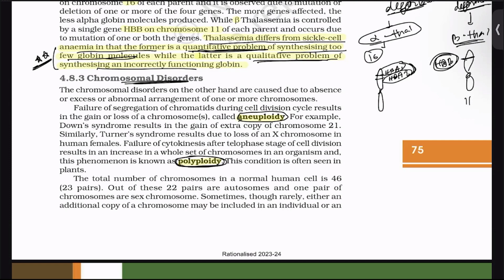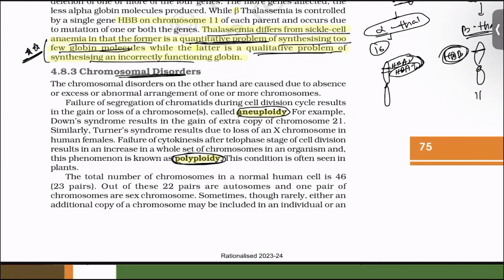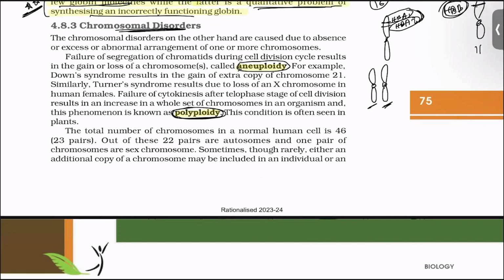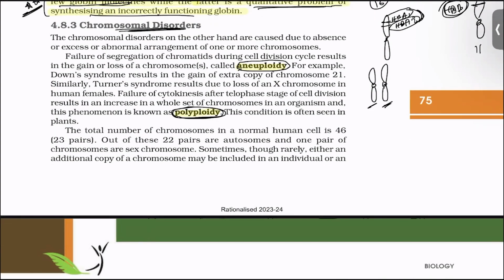So what happens is, in case of chromosomal disorders, for example, these two are homologous chromosomes, and during metaphase 1, generally these two chromosomes are supposed to get segregated from each other. So segregation should happen.